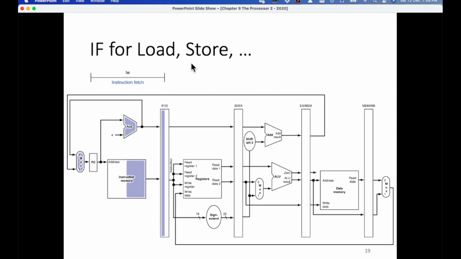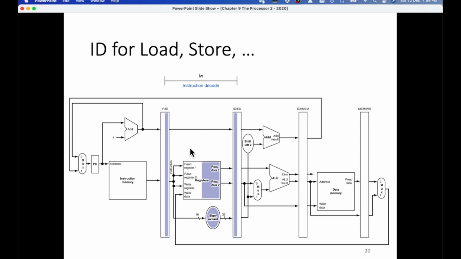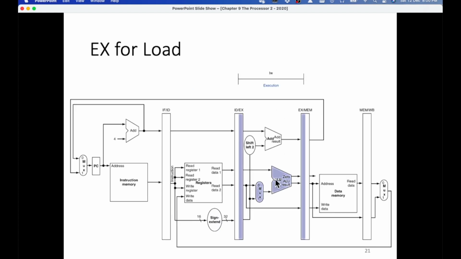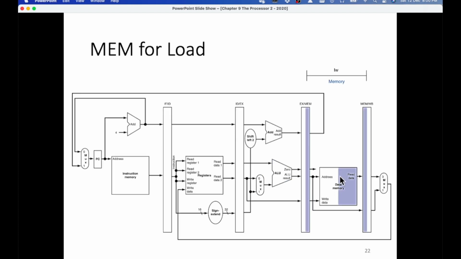If we have a load or store instruction, for instruction fetch, the information will be kept in this register. Then in the decode stage, this is where the information for this particular stage will be kept. So we have the information kept in the register, and also the information used in the stage. Same with the execution: we use the register to keep the information for the stage, and then use the actual ALU here for the execution process, and then this one for memory access.